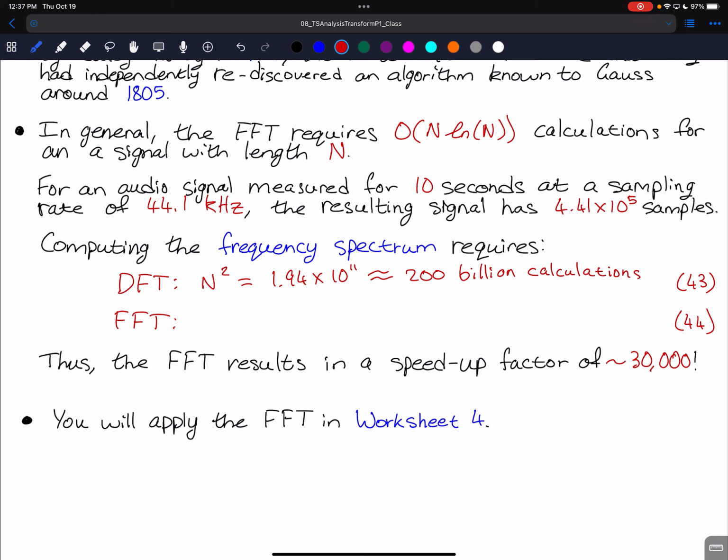And if we use the FFT instead, this is N times the natural log of big N, and that ends up being equal to 5.73 times 10 to the 6th, so approximately only 6 million calculations.